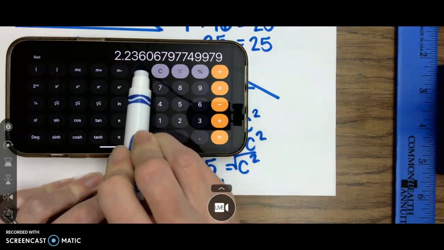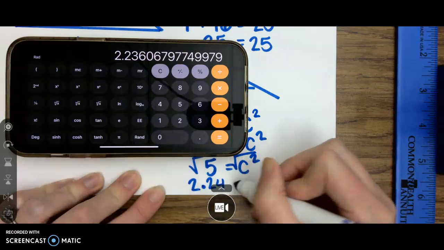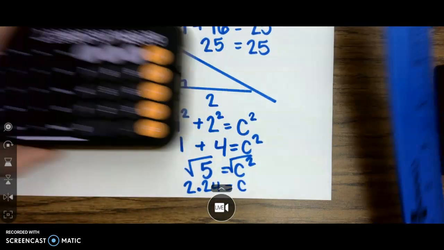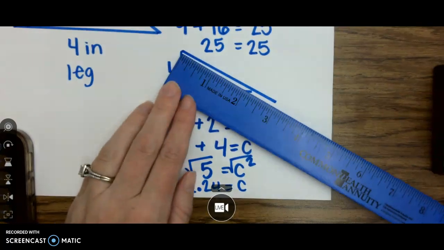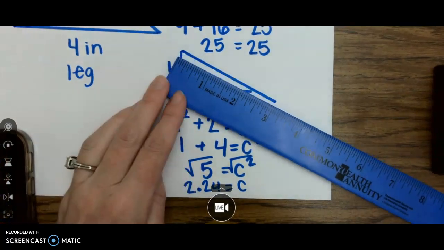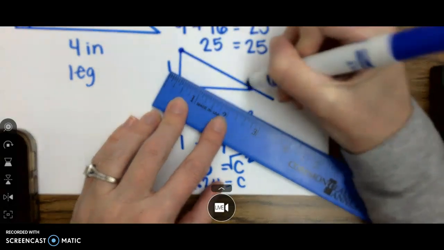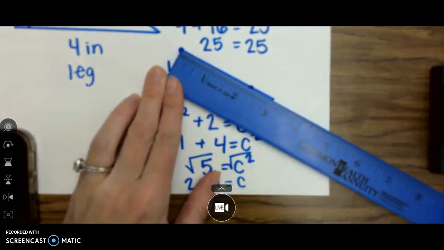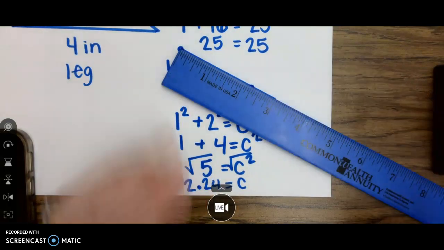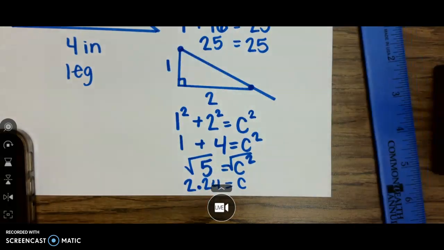So that third digit after the decimal is 5 or higher, so we're adding on like a penny. So that would be the length of side C. So that's about 2 1/4. And if I were to measure from here to here, yes, that is about 2 1/4 of an inch. So that does work out.